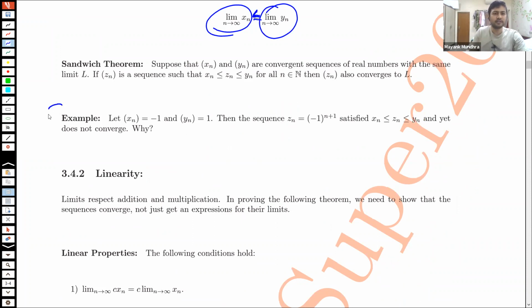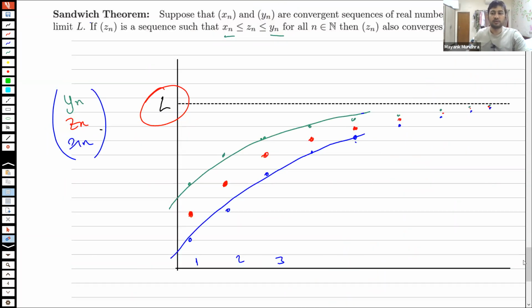An example is, so this is not an example of the sandwich theorem. This is an example where the sandwich theorem is not applied. So my question to you would be, why is the sandwich theorem not working in this case? So let us look at this example. The xn sequence is -1 and the yn sequence is 1. Okay, so let me draw a new graph.